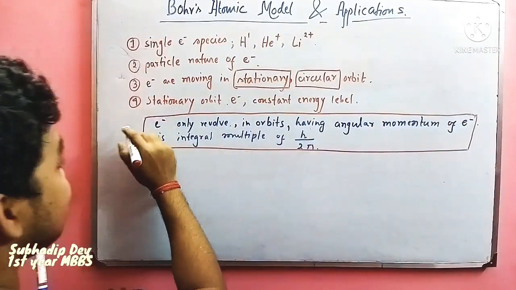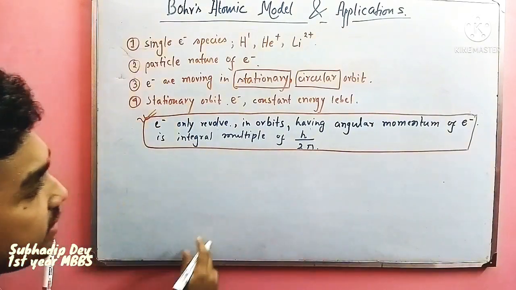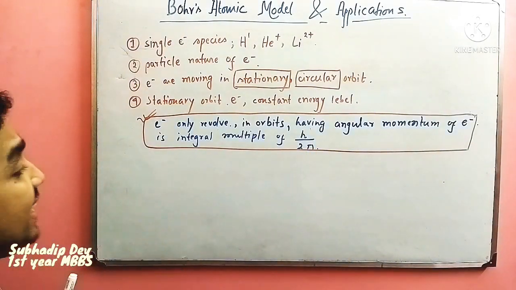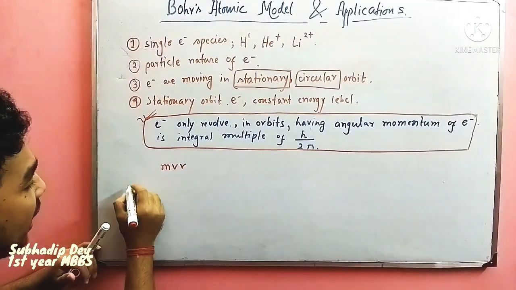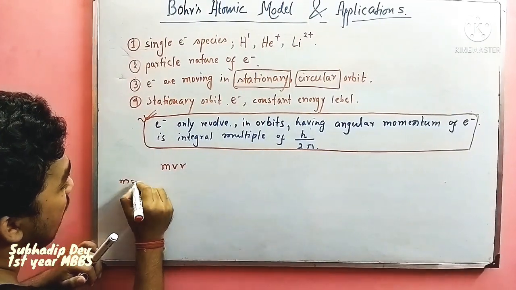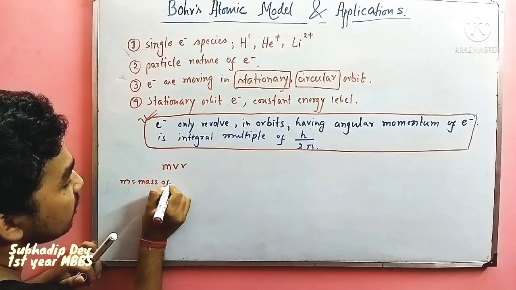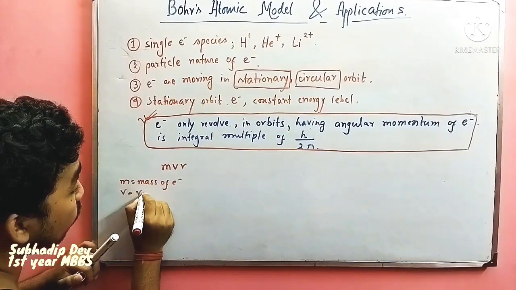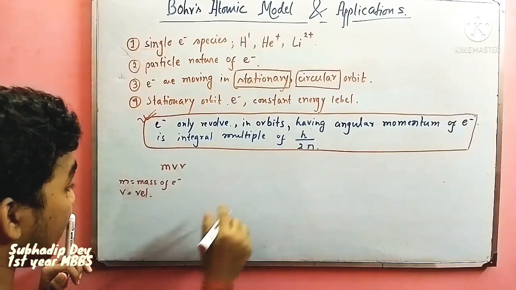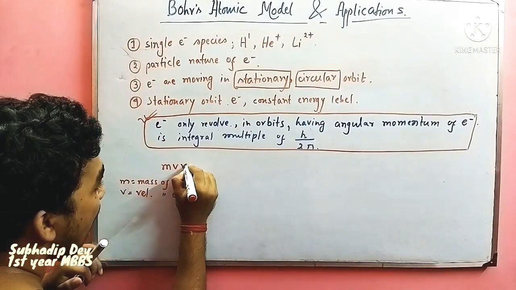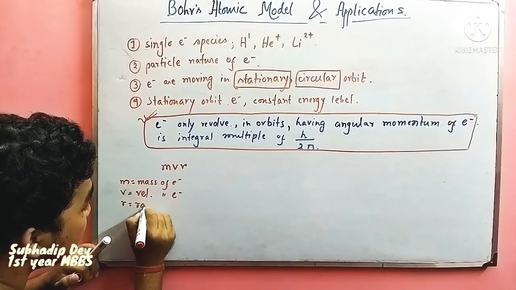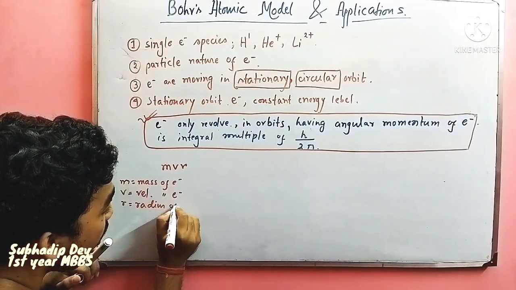Let's see what this idea means. According to this, the angular momentum of any electron is mvr, where m is the mass of the electron, v is the velocity at which the electron is moving within the orbit, and r is the radius of the orbit.